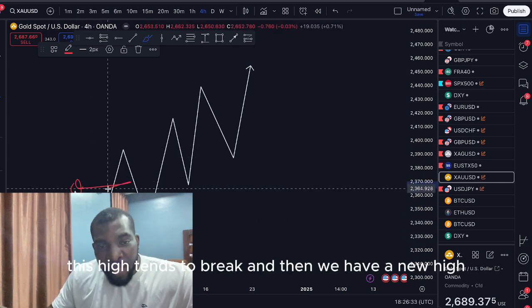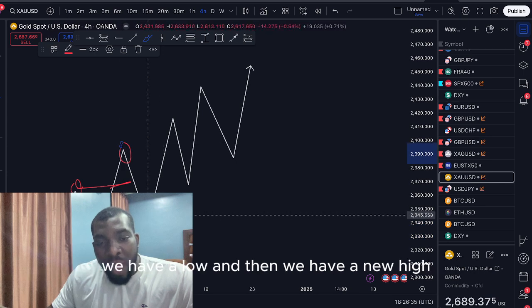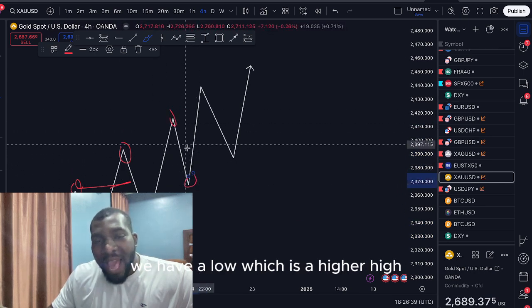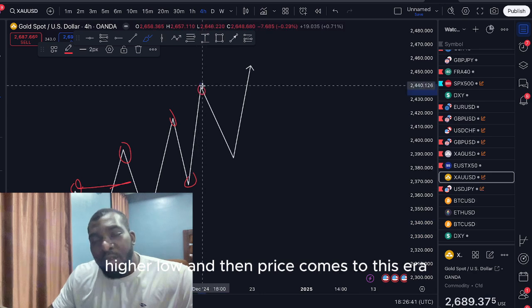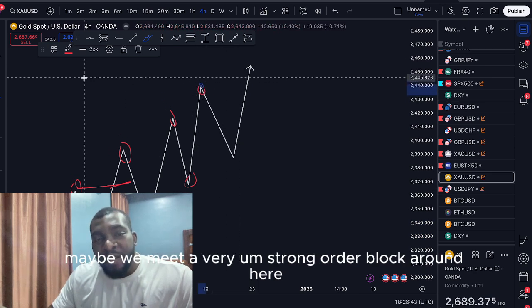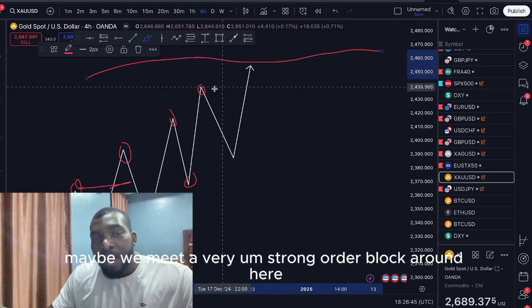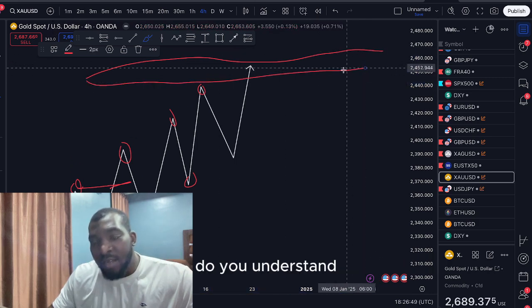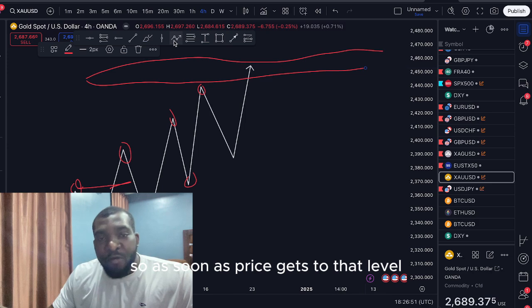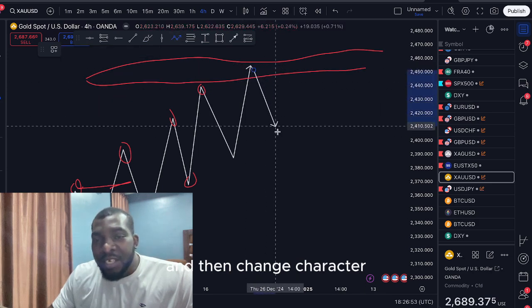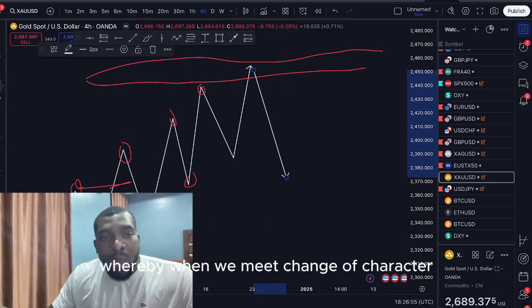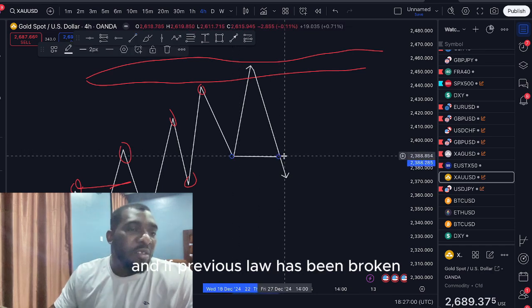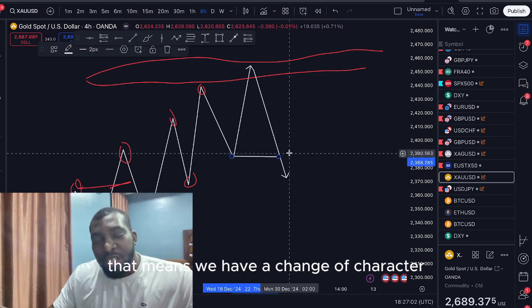This high tends to break, and then we have a new high, and a low, which is a higher high, higher low, and then price comes to this area. Maybe we meet a very strong order block around here, or maybe price chooses to take a turn around here. Do you understand? As soon as price gets to that level and changes character, meaning the previous low was broken, that means we have a change of character.